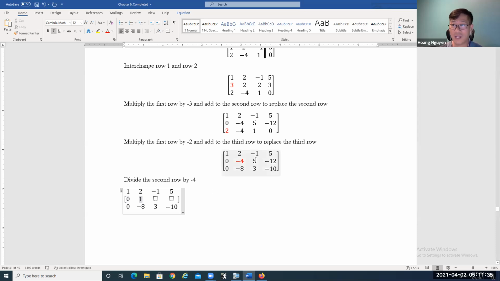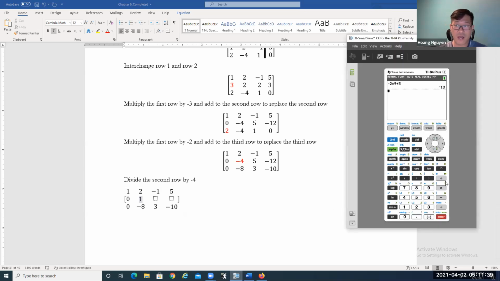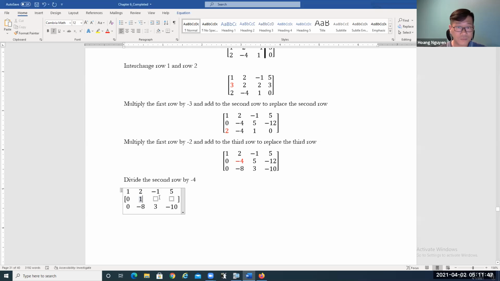Now 5 divided by -4, you might use your calculator, right? 5 divided by -4 gives you -1.25. And then -12 divided by -4 gives you +3. Okay, so that's what we have so far.